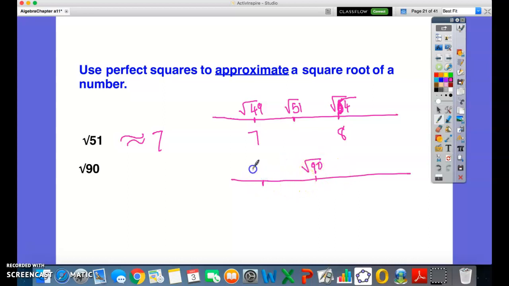This will be the square root of 81 and the square root of 100, right? So 9 squared is 81, and this will be 10. And then 90 is closer to 81 than 100, right? So you can say it approximates to 9.